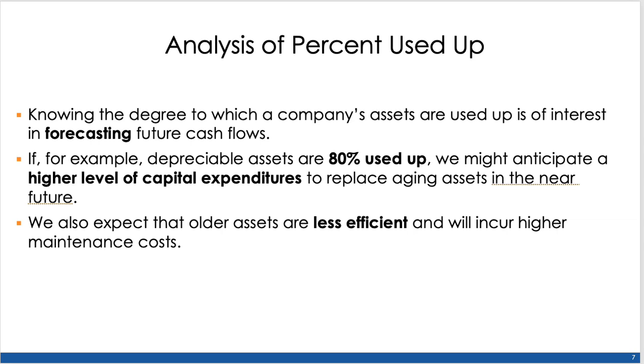You can see in the second bullet point, if you find depreciable assets are 80% used up, then you're really talking very near future for a relatively high level of CapEx. Why is that? We expect older assets to have more maintenance costs, to break down more frequently, and overall to be simply less efficient and less productive than newer assets, all other things being equal.